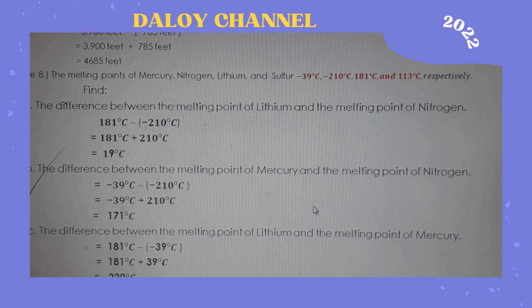The melting point of lithium is 181 degrees Celsius, to be subtracted by negative 210 degrees Celsius. So the statement becomes 181 degrees Celsius minus or plus 210 degrees Celsius.